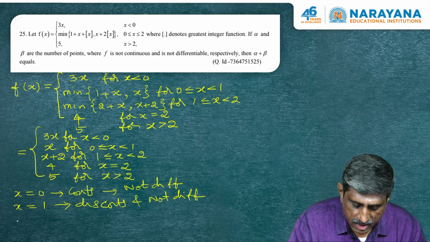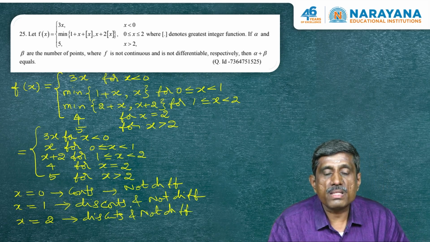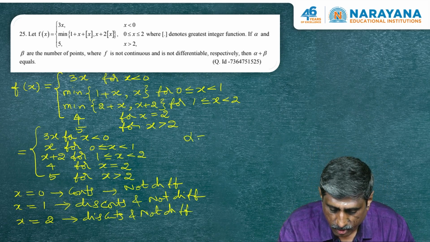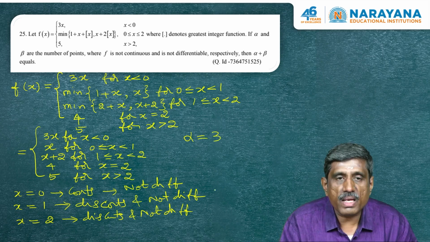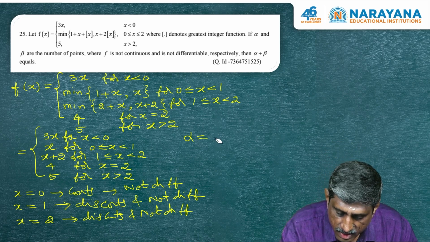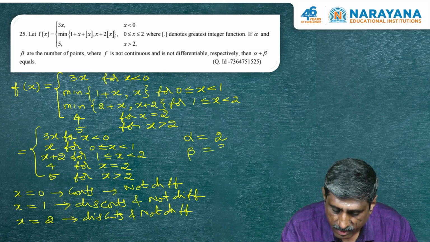Similarly, at x equal to 2, the same case, the function is discontinuous and not differentiable. Therefore, the number of points where the function is discontinuous is 2, so alpha is equal to 2. The number of points where the function is not differentiable is 3.